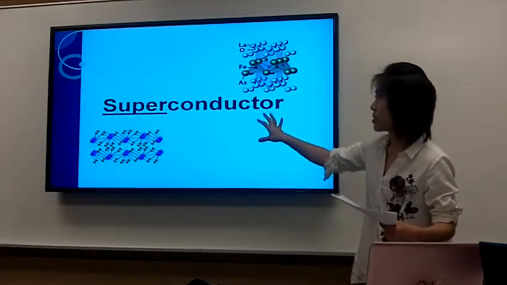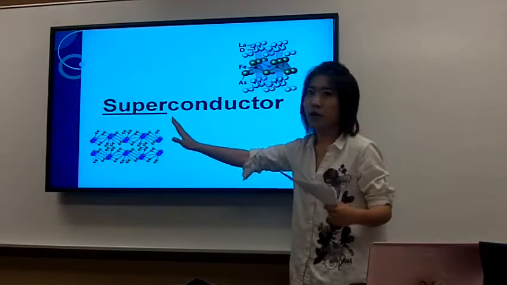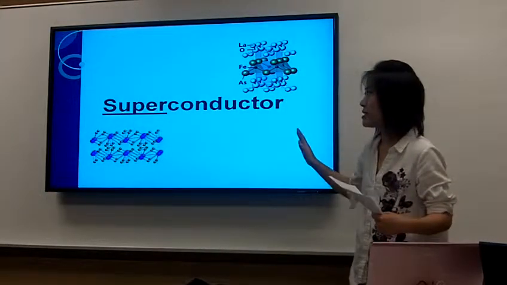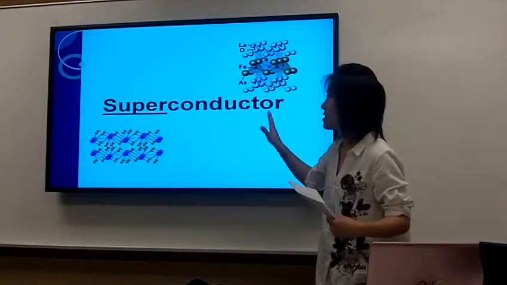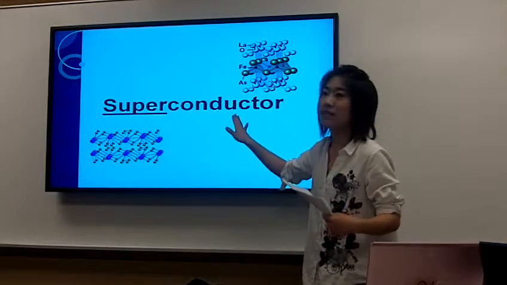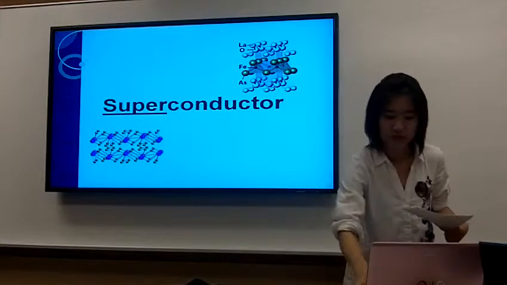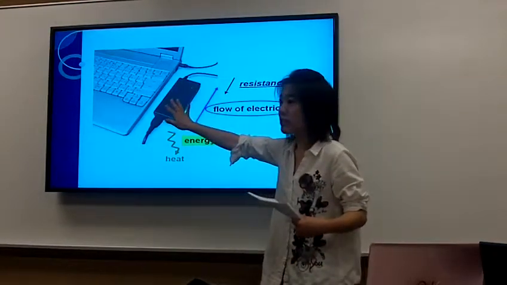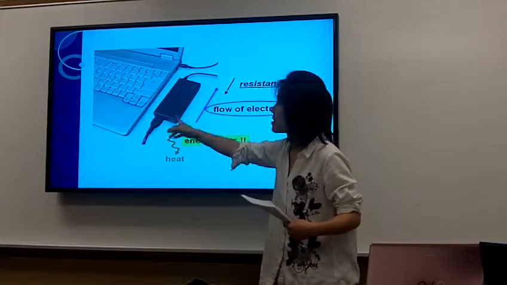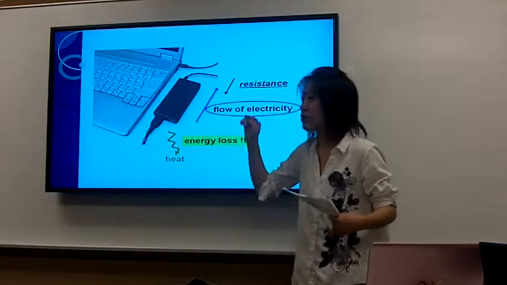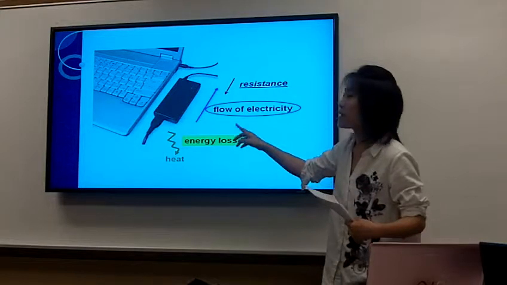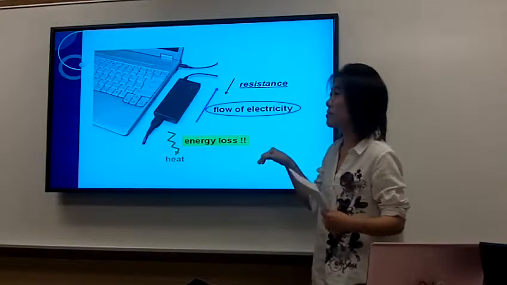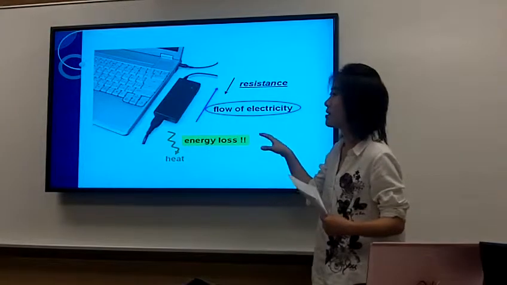As you can see from these words, we can divide it into two parts, super and conductor. Before we move on to superconductors, I'm going to introduce a little basic knowledge about conductors. This is the laptop we usually use. If we connect the adapter to our computer and to the outlet, the electricity just flows this way, so you can turn on your computer, right?